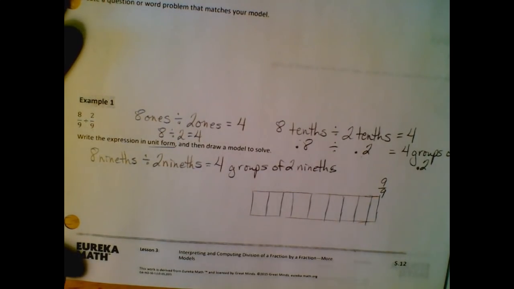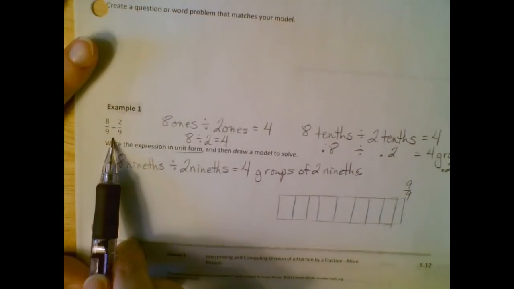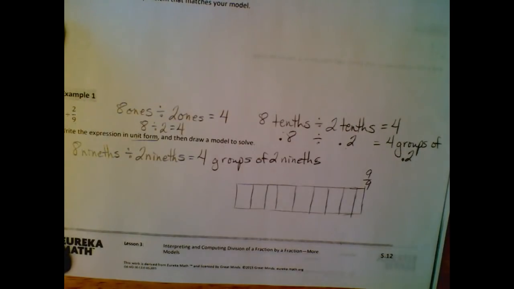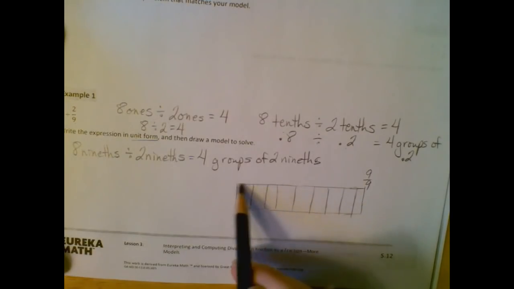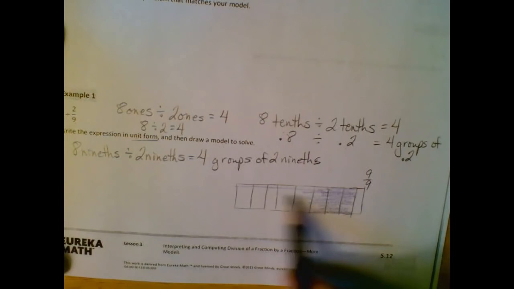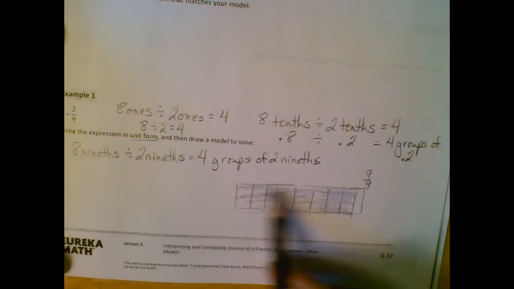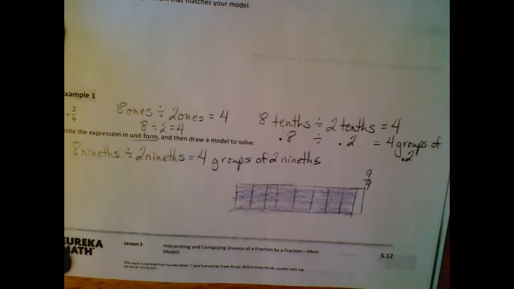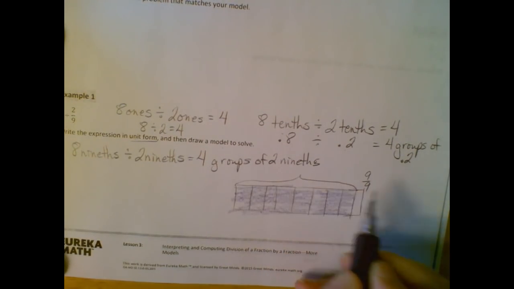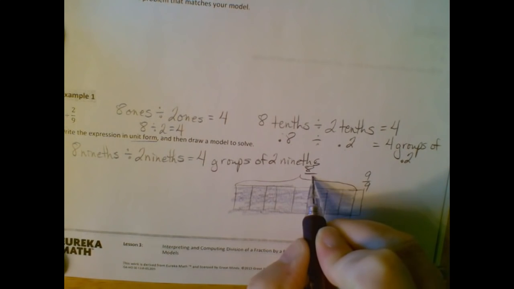Close to even. Okay, so I don't have the whole, I have 8/9. So I'm going to color in with my colored pencil 8 of the 9 to show it's 8/9. Okay, and so this entire thing is 8/9.